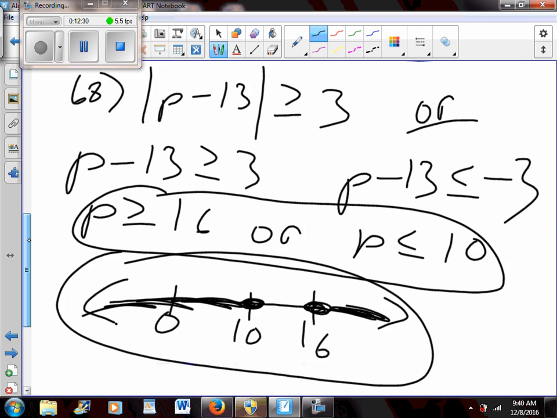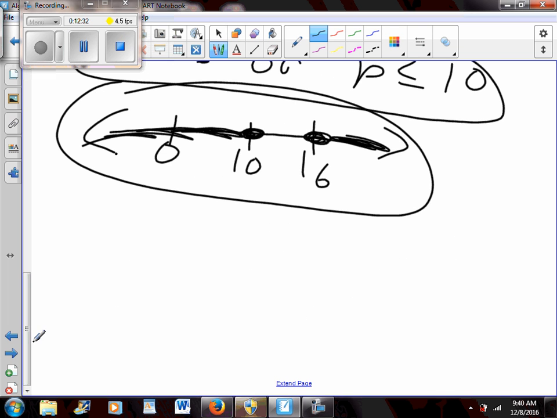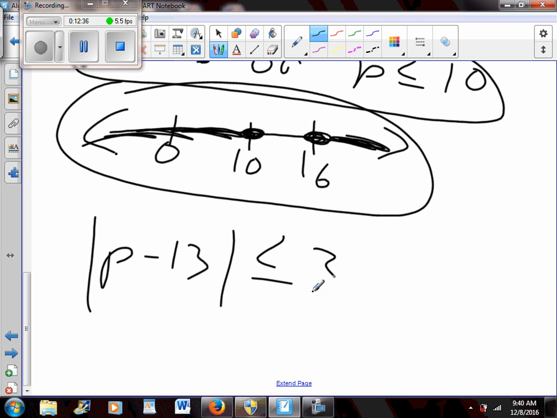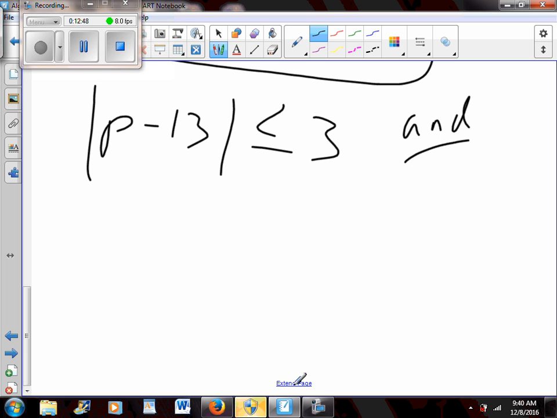Now, if the problem read like this, p minus 13 less than or equal to 3, would this behave like an and or an or? This one would be an and. Same essential problem, I just turn the inequality symbol around. You still make two equations.